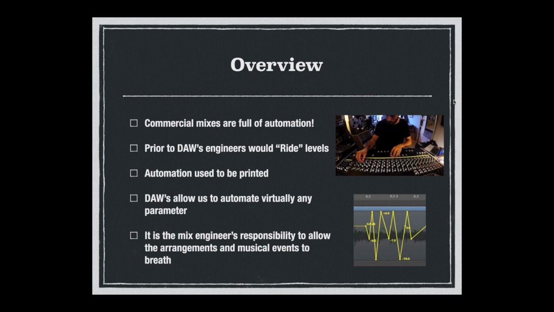The dynamics change dramatically for the better when automating. It creates a professional sounding, well-balanced mix, more so than just setting the faders, leaving them, and bouncing them. This enhances the dynamics, enhances the life, the breathability of the composition and arrangement.